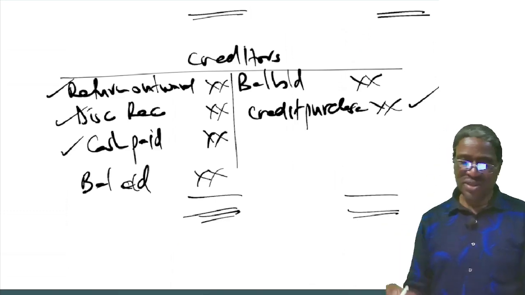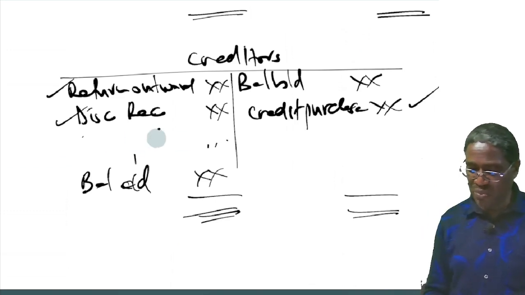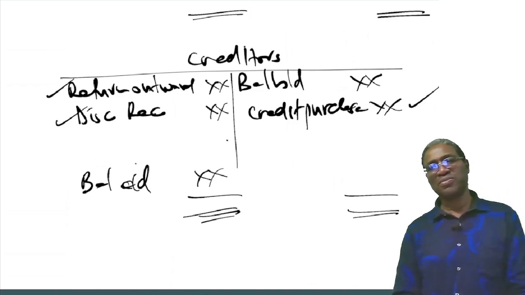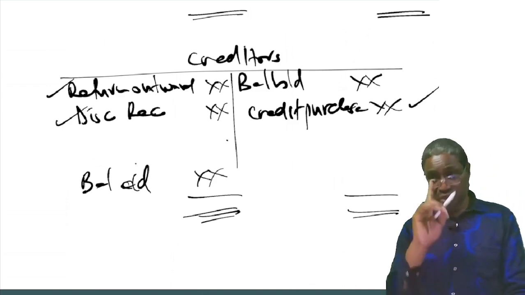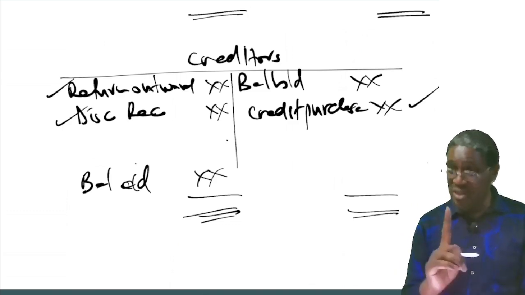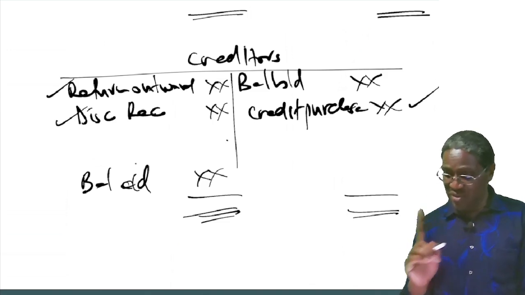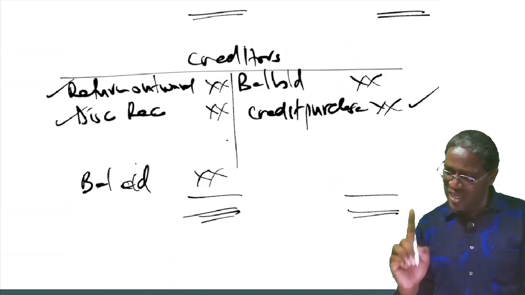One thing: as far as cash flow is concerned, the examiner will not give you the cash paid to creditors. That's one. Two, you will have to get it as a balancing figure. Now, point three.